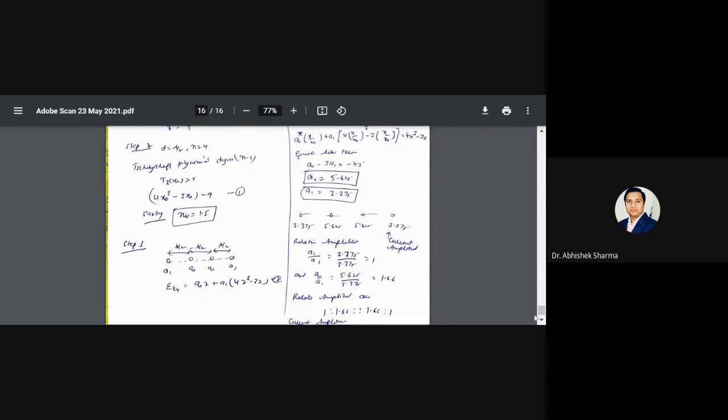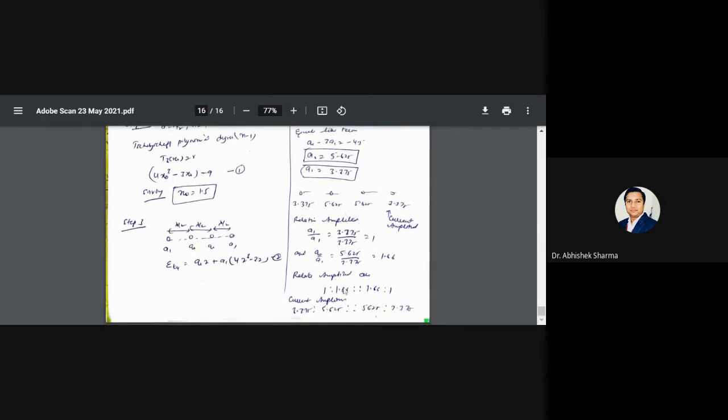So we can write its relative amplitudes as 1 : 1.66, 1.66 : 1. The current amplitude ratio is 3.375 : 5.625, and on the other side 5.625 : 3.375. Now this is how numericals are asked in the examination.